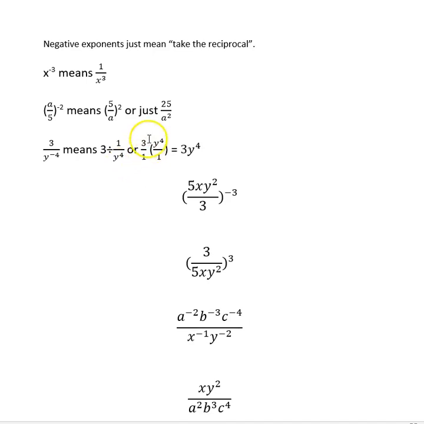So we can rewrite it as 3 over 1 times the reciprocal of this fraction, y to the fourth over 1. We multiply straight across, and we just get 3y to the fourth over 1, or just 3y to the fourth. When we have a negative exponent applying to a rational number or a fraction, we just flip it.